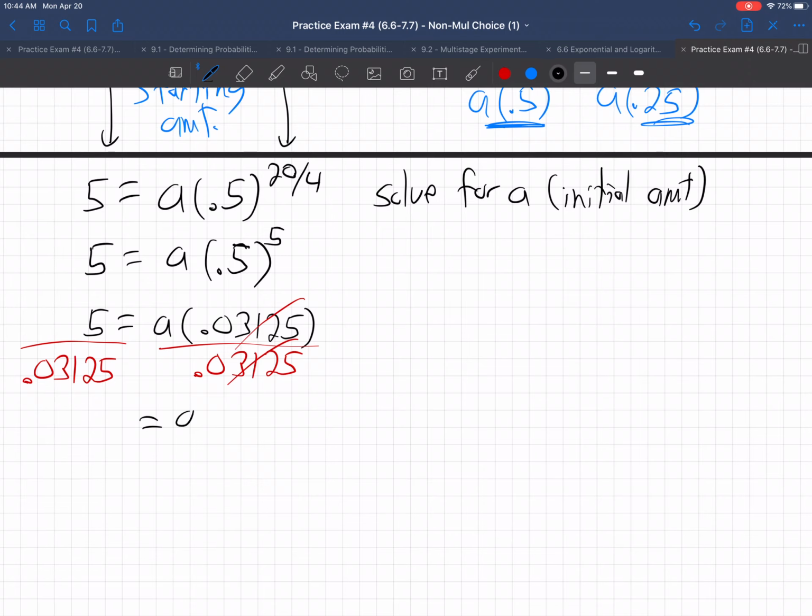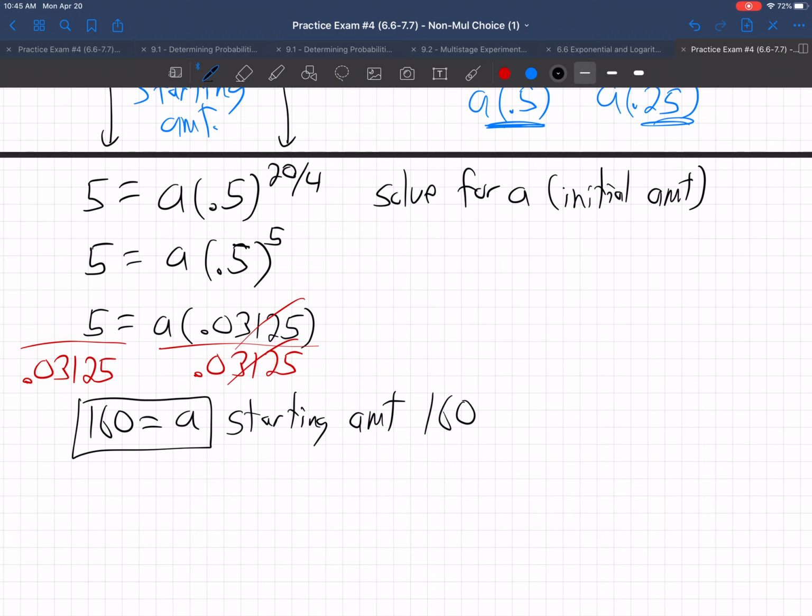So A will equal 5 divided by the answer. I'm getting 160. So A is 160. That's the starting amount. That's the first answer. So the starting amount of that palladium must have been 160 milligrams.